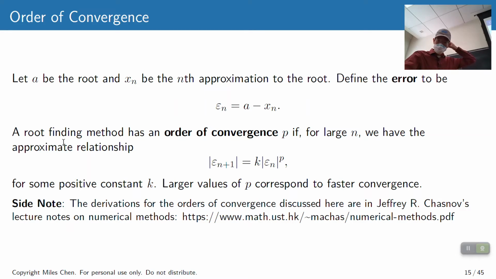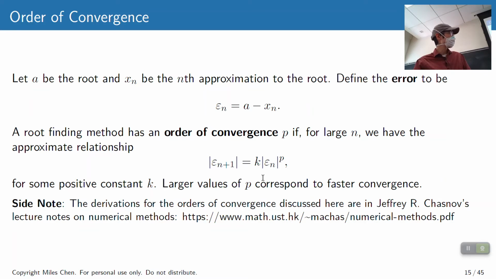Then the error at the nth iteration is e_n. We can figure out an order of convergence: e_n raised to some power is going to be the next value.